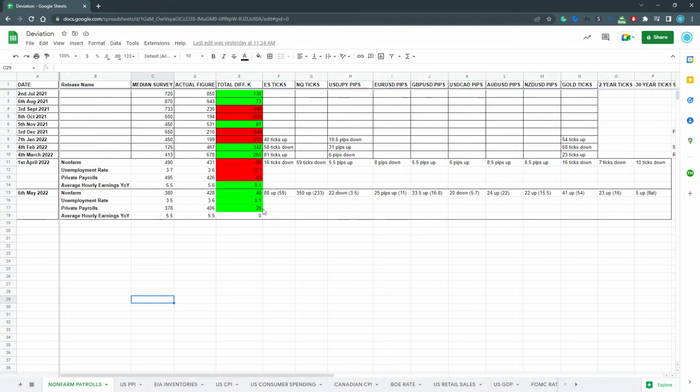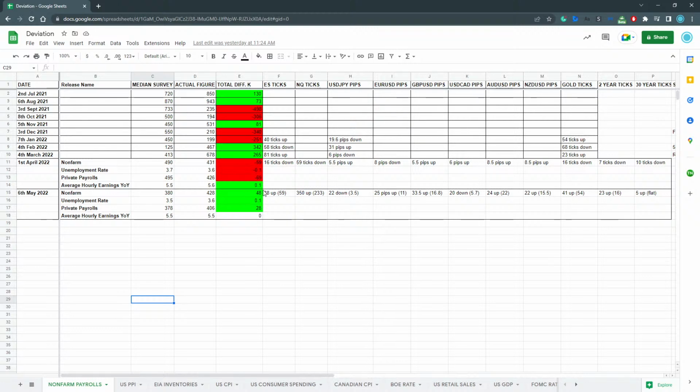We would want something similar to this, where there isn't too much of a deviation in the figures in a positive direction for the economy. So more or less, you're looking for the non-farm payrolls figure to be a bad one to a degree from what we've seen last time, or not an outstanding one.